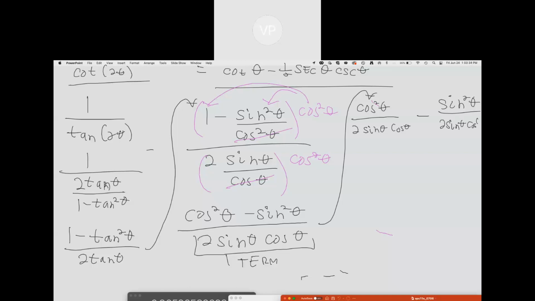And that is going to make one of these cosines cancel, and it's going to make one of these sines cancel if I've got everything that I'm supposed to. So now I end up having a cosine theta over 2 sine theta, and a sine theta over 2 cosine theta.